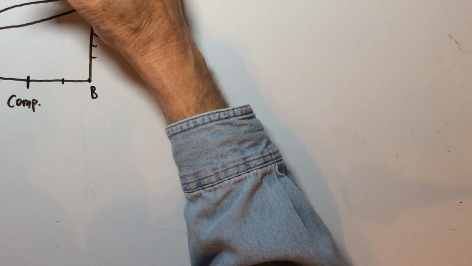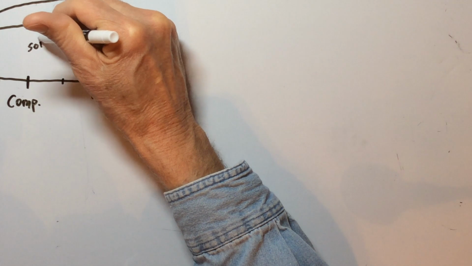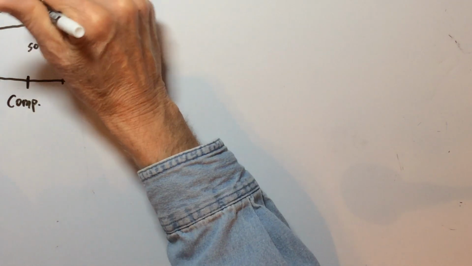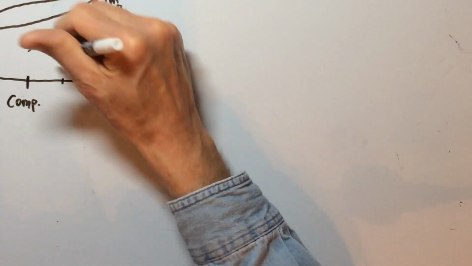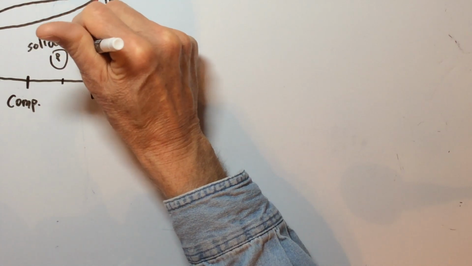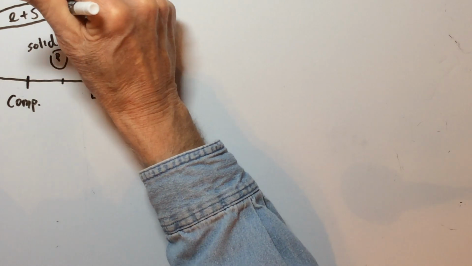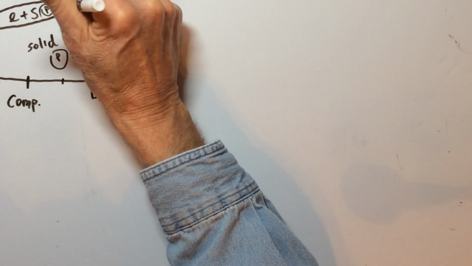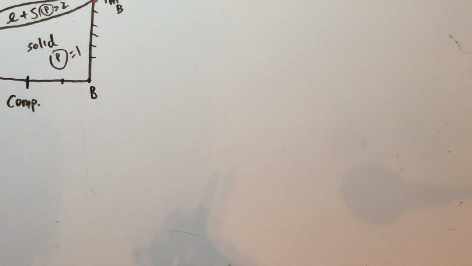And of course up here we have all liquid, down here we have all solid, and this is circle P equals 1, this is circle P equals 1, and of course in here we can have just liquid and solid, and we'll have circle P equals 2 inside this two-phase region there.